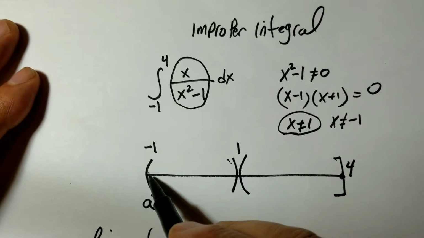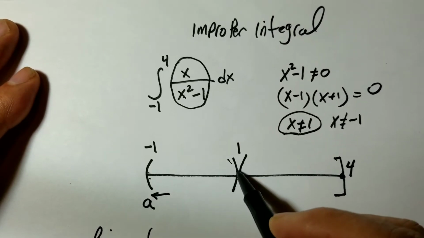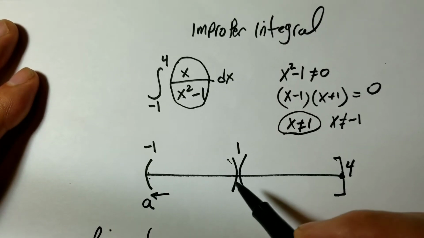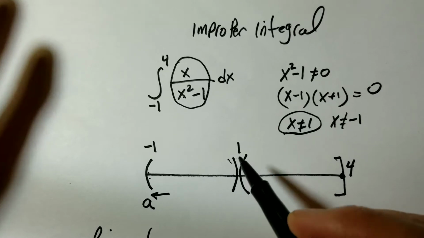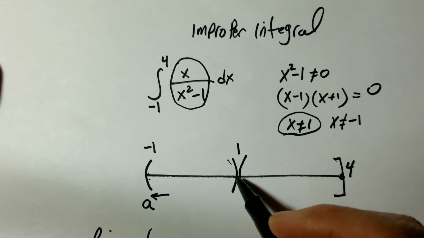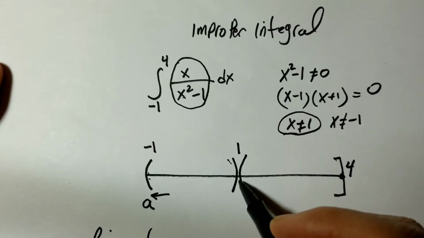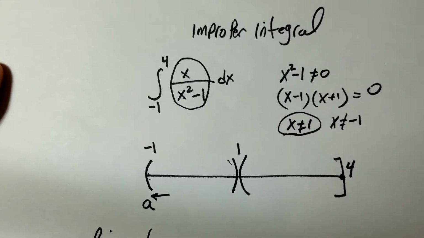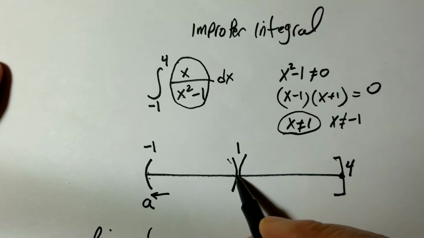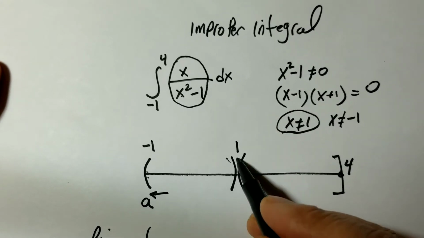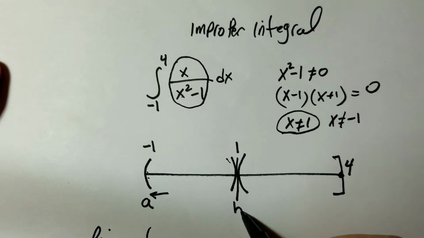But if I want to use this interval to write a definite integral, a proper one, not improper, I have an issue with that 1 because pretty much this is a barricade between negative 1 and 4. Therefore, I cannot assign 1 to that function either. Therefore, I'm going to call this one b.